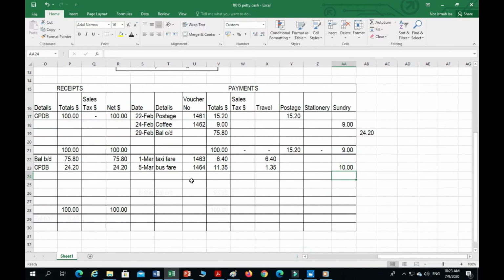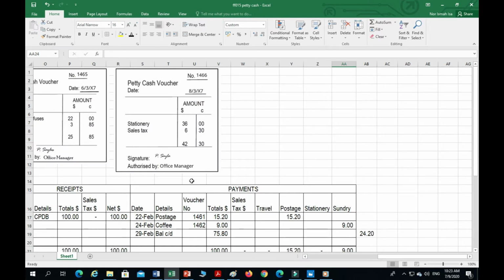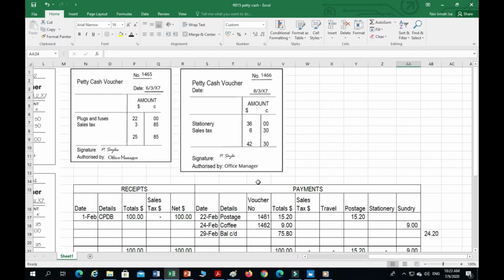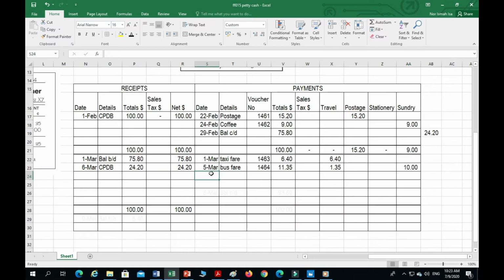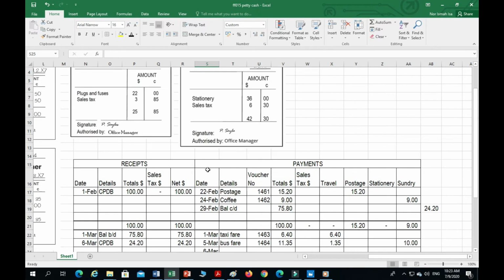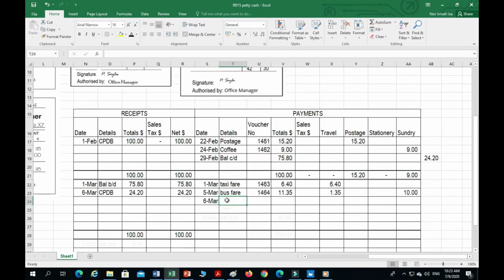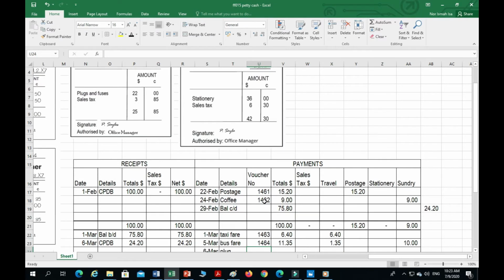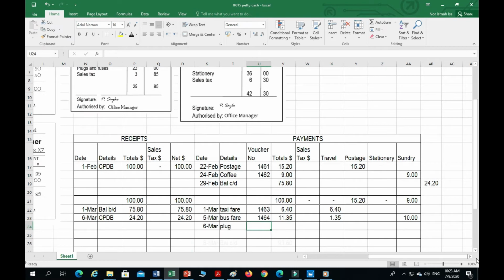And lastly, we have, no, second last is on the 6th March. The payment is for a plug. Okay, this is 1465.